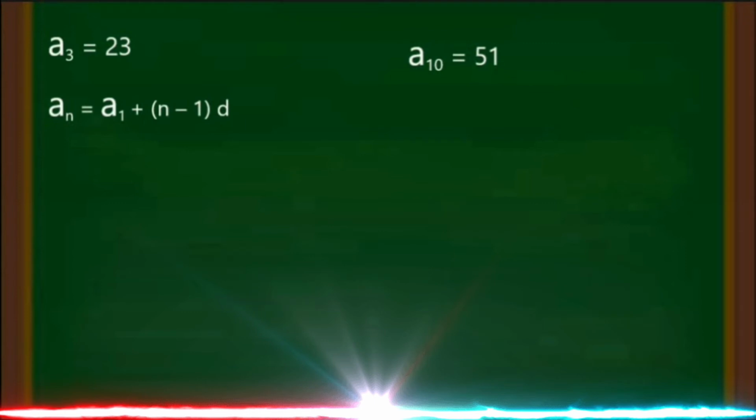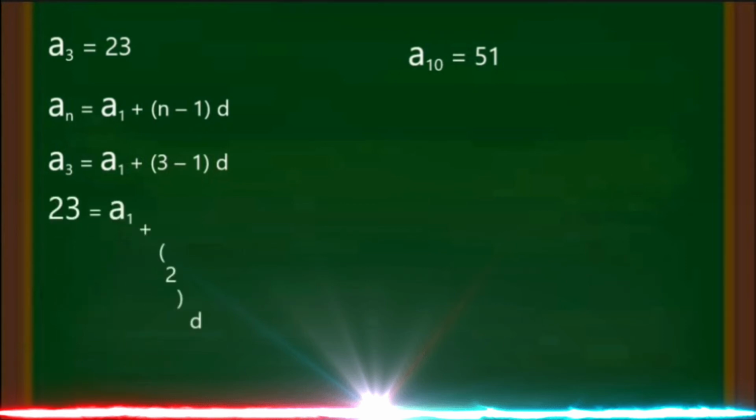Since the only known values are a sub 3 and a sub 10, we need to have two equations. So first equation, we have a sub 3 is equal to a sub 1 plus 3 minus 1 times d.